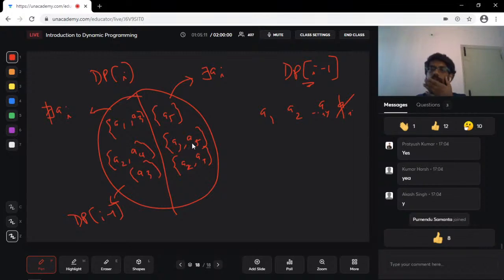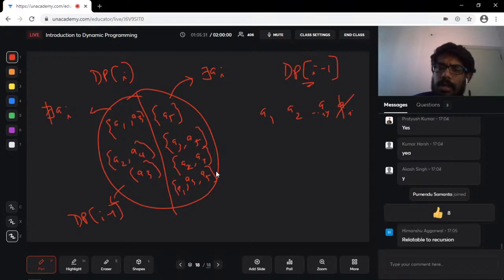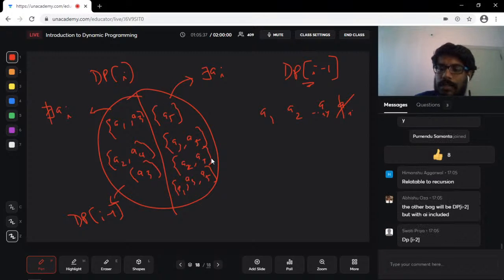Now let's go to the second half, right? So the second half has things like a1, a3, a5, lots of such things. Now, the important point is that all these valid subsets have one element in common, which is a5.